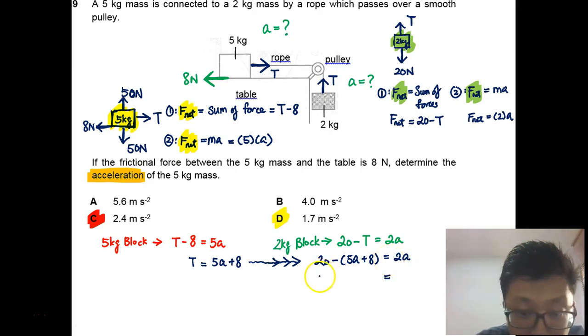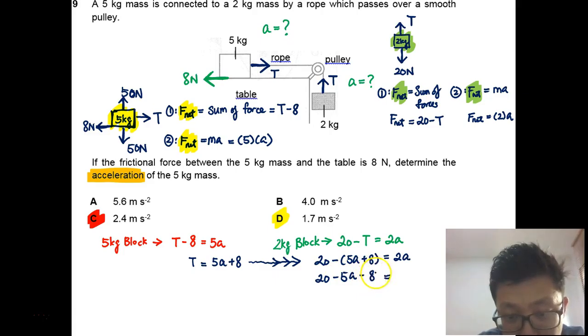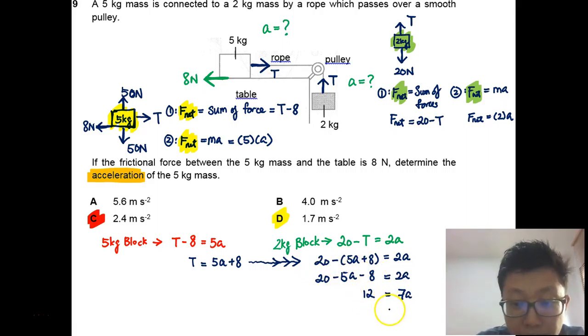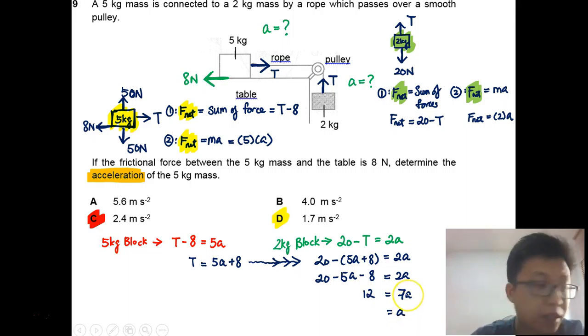Then I just need to expand this. Okay, I would have 7A. 20 minus 8 will be 12. And therefore my A is 12 divided by 7.